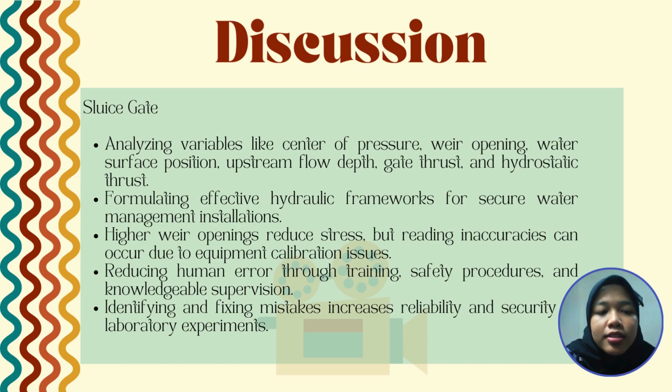Human error such as incorrect data interpretation or protocol discrepancy can also be reduced through training, procedure, and knowledgeable supervision. Identifying and fixing these mistakes increases the reliability and safety of laboratory experiments.